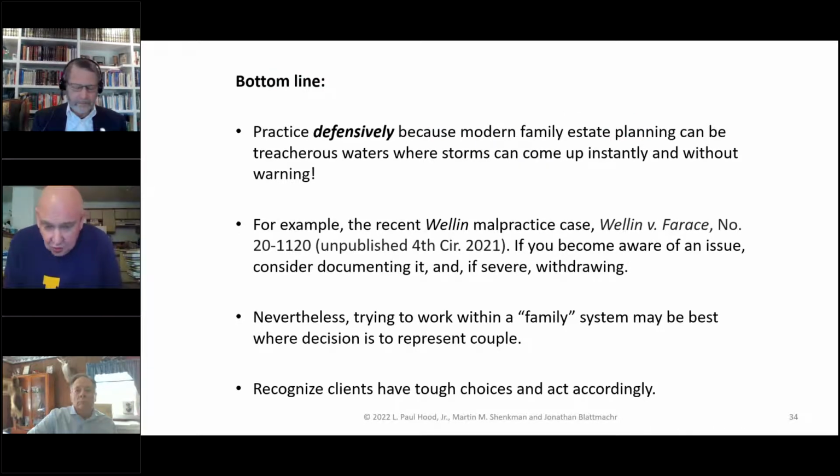And the bottom line, and here's a reference to the Welland malpractice case. I think the biggest thing that planners should remember is that your client has tough choices, and quite often the blended family client feels they're forced to choose between their current partner or their descendants from a prior union.